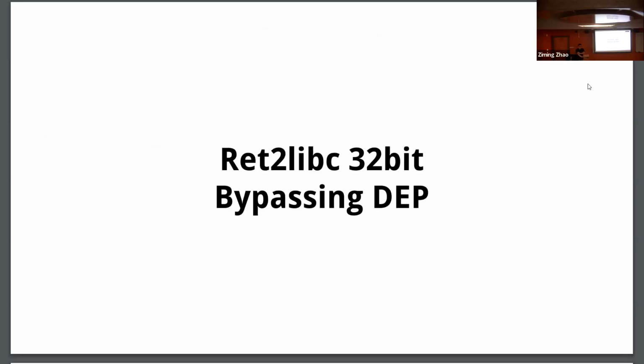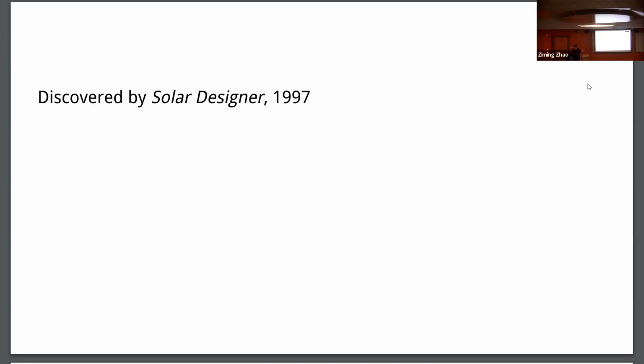So how do we bypass this? It's actually quite easy to bypass this, and we have already learned how to bypass this last week, actually. Back in 1997, there was a hacker called Solar Designer.